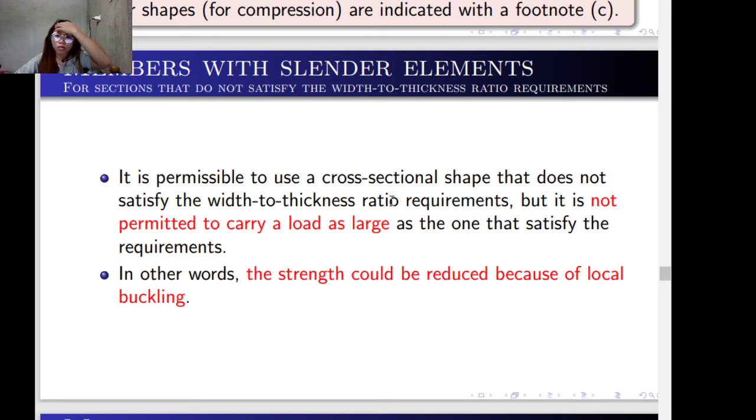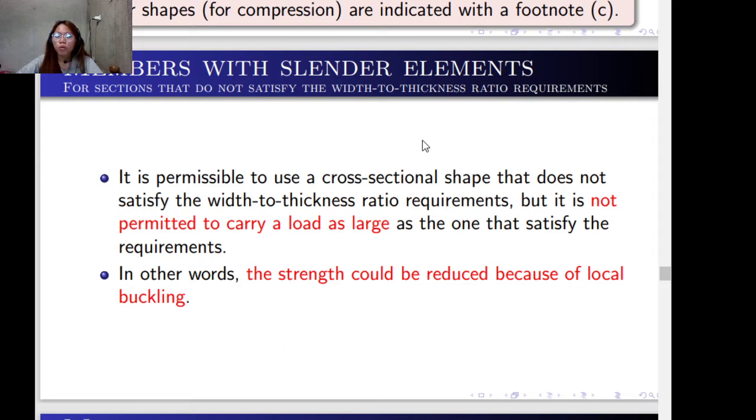It is permissible to use the cross-section, it can still be used, even if it does not satisfy the width to thickness ratio requirements, but it is not permitted to carry a load as large as the one that satisfies the requirements. In other words, the strength could be reduced because of local buckling.